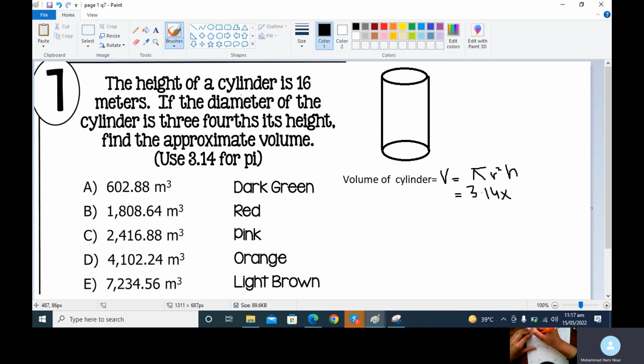So the radius or diameter should be given so that we can find the value of r. If the diameter of the cylinder is 3/4 its height, what is the height? Height is 16 meters. So this is the diameter, for example.